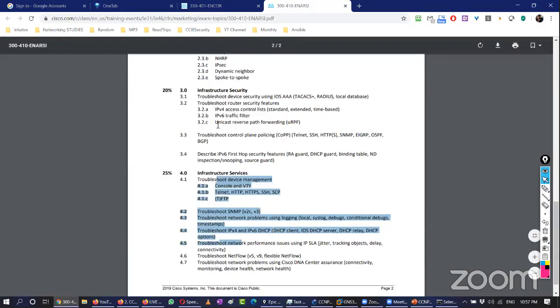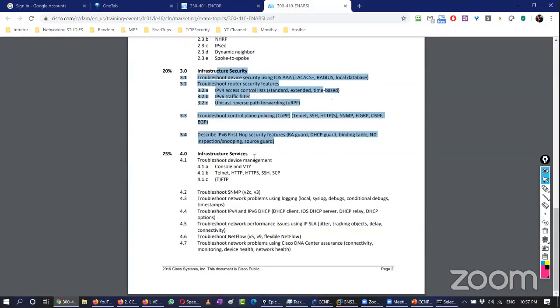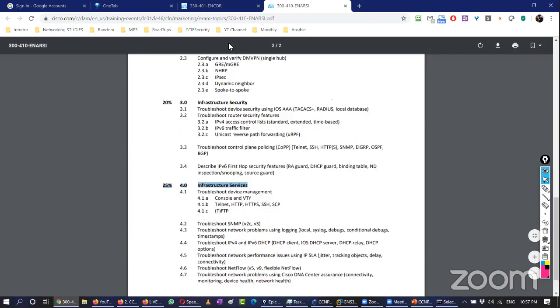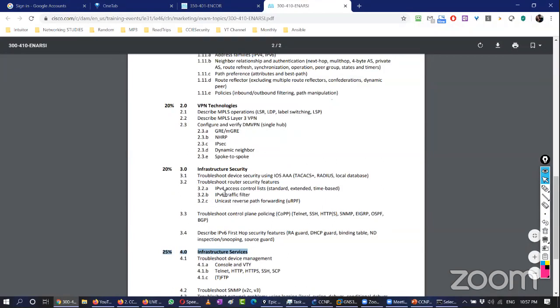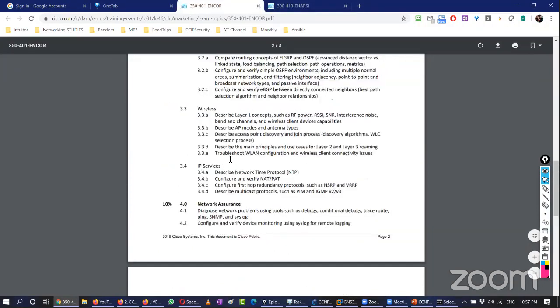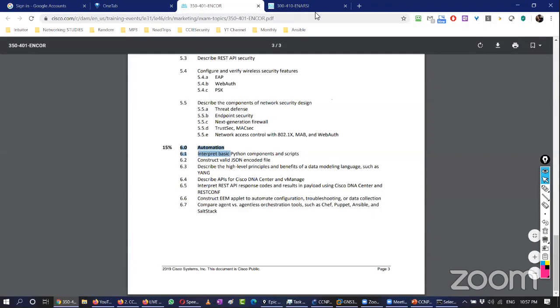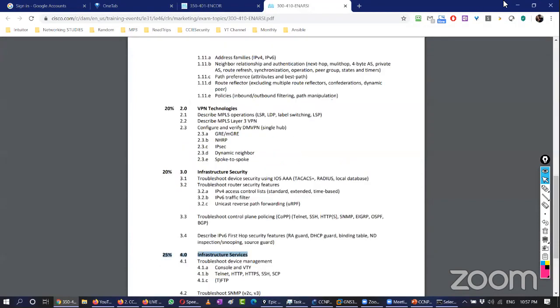So this NRC consists of four different parts, and your mandatory paper, ENCOR, consists of six sections, and four sections in your NRC paper. So that's your total CCNP syllabus, okay.